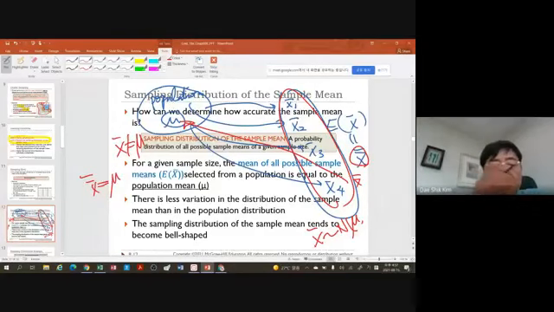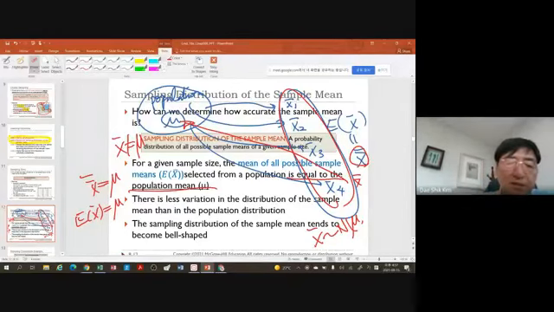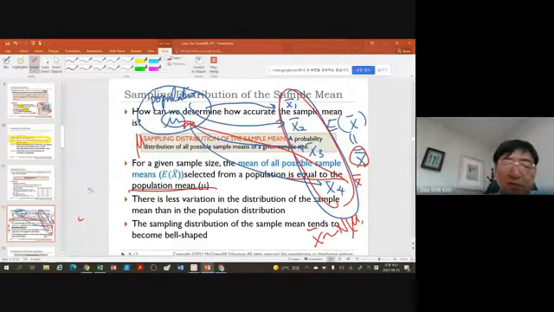You need to understand, if you repeat and repeat, the average of x bar will be equal to mu. So x bar average will be equal to the population mean. You need to understand what this sentence means.